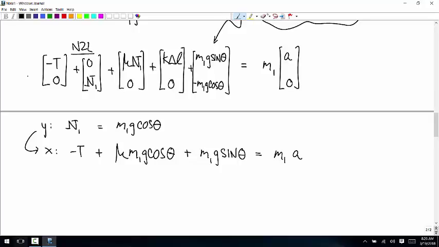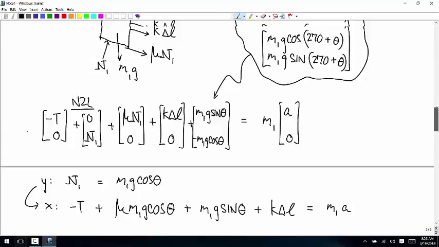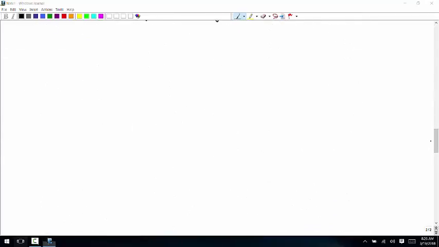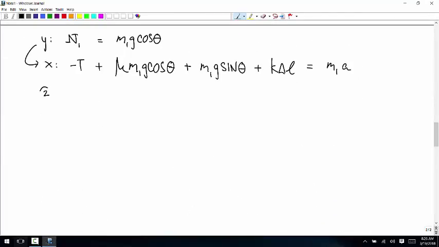Did I leave that out? Plus k delta L. Okay, now I have all those, is equal to m1 a. And so our second equation looks a lot worse than our first equation. It says negative T, and I'm going to put all the stuff with variables on the left side of the equation and all the stuff that's just constants on the right side.